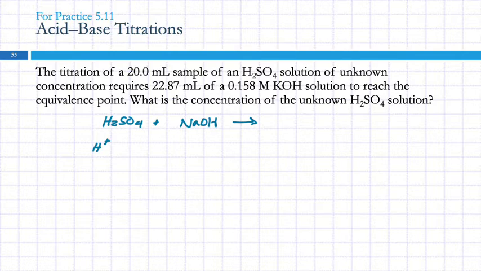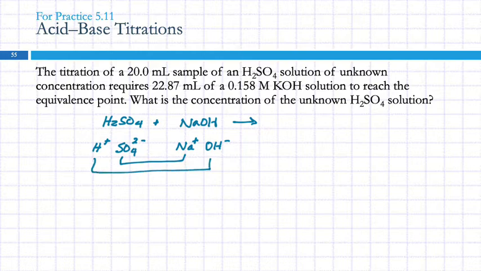So the H2SO4 is going to give us hydrogen ions and sulfate ions. And the sodium hydroxide is going to give us sodium ions and hydroxide ions. And how do we predict the products? We switch partners, right? So we're going to put sulfate with sodium and hydrogen with hydroxide.